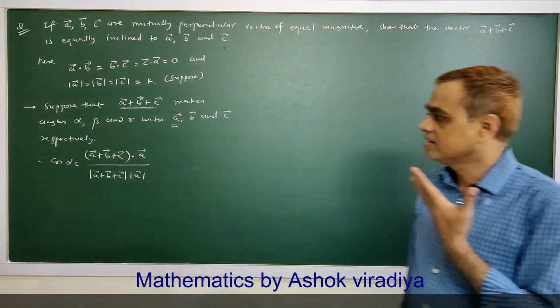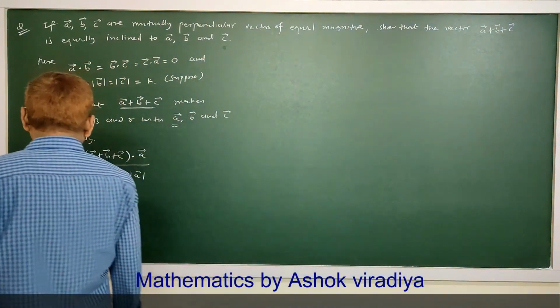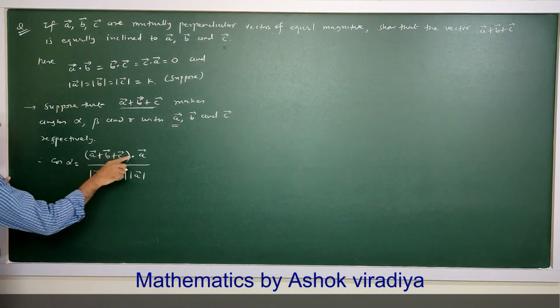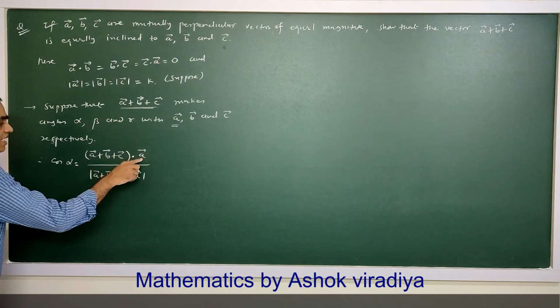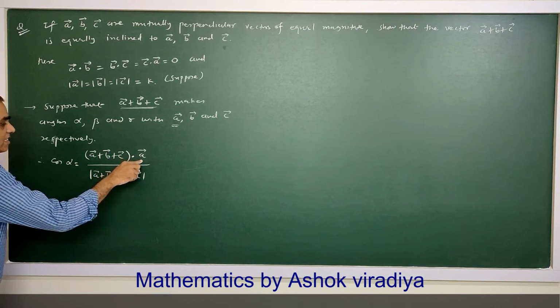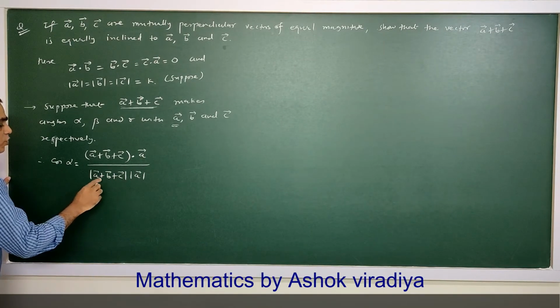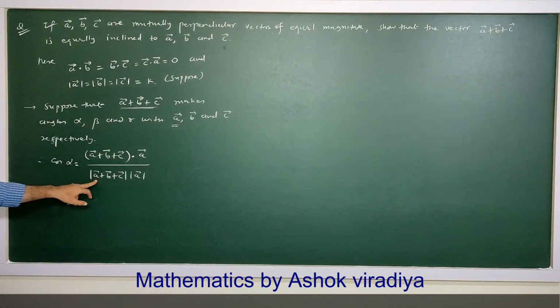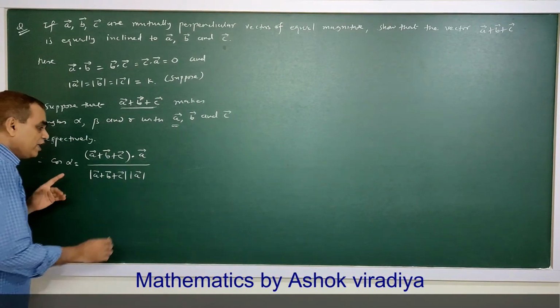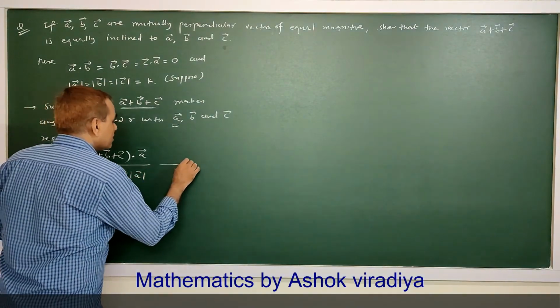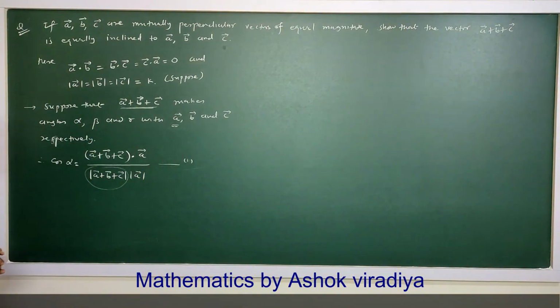Taking the dot products A dot A, B dot A, C dot A, we will have values, but to substitute we will require the magnitude of A plus B plus C. So first of all, we are finding this value.